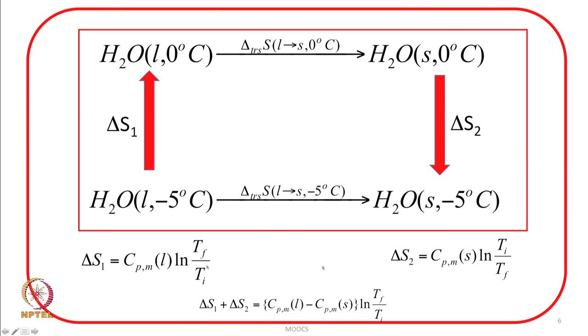When you add these two up, delta S1 plus delta S2 will be equal to Cp of liquid minus Cp of solid into log Tf by Ti. This is by addition of the two.